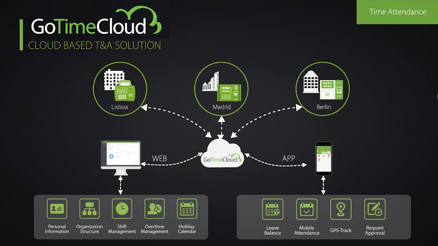Also, the software can be used as a personal portal. The employees will have the possibility to access the software to register a manual punch or ask for any type of paid leave, which we will see in a moment.